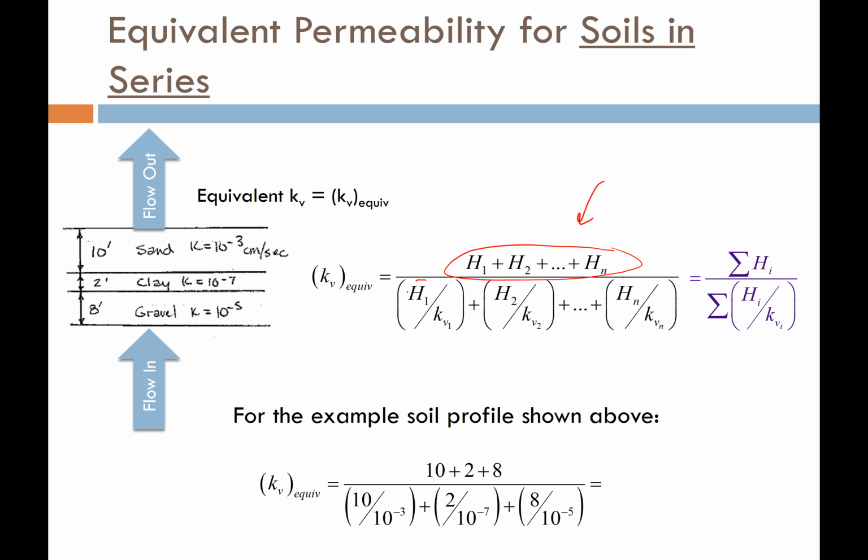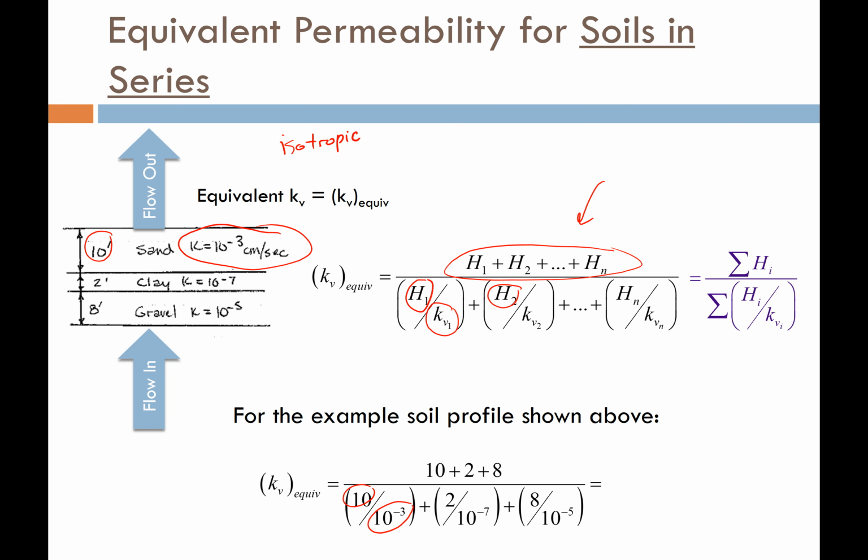The thickness of layer 1, which is 10 feet, divided by the vertical conductivity, which we're just going to use the same numbers for this example. Thus, we would assume this soil is isotropic because we're assuming that the horizontal conductivity is the same as the vertical conductivity. So for the first layer, it's 10 to the minus 3, and that's where I get that.